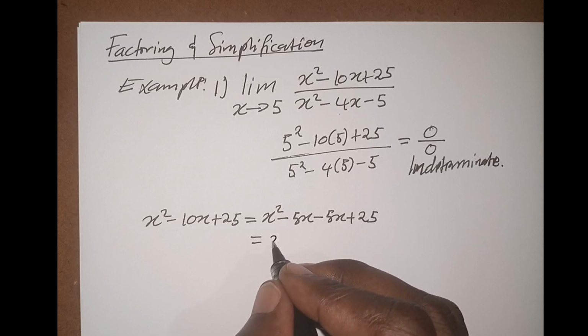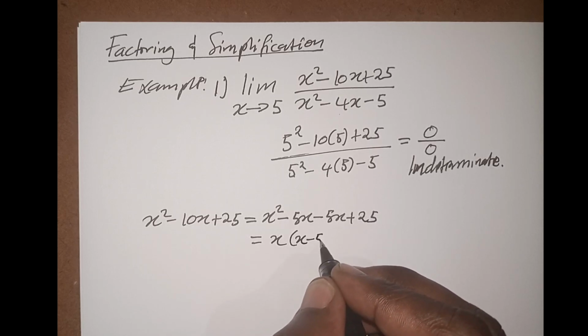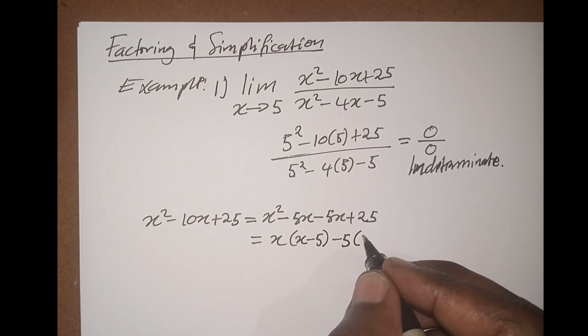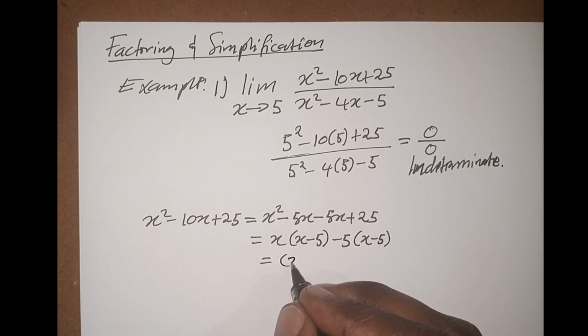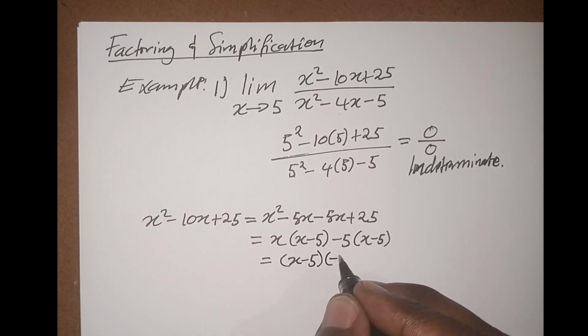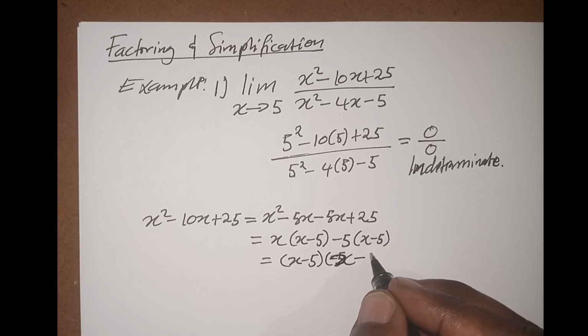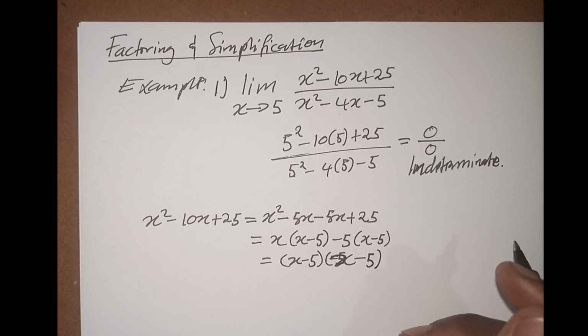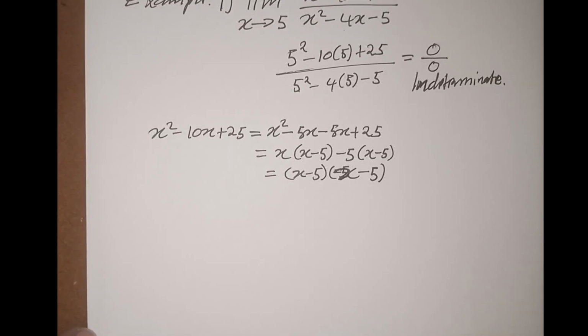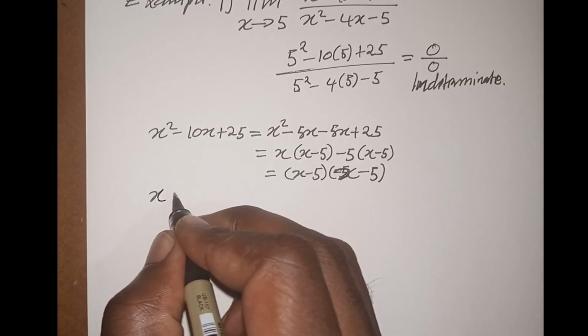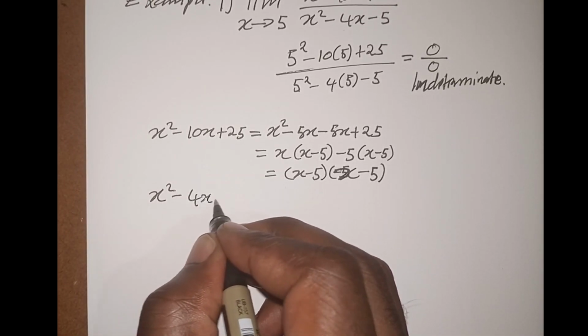Then you can factorize your x there, x minus 5 minus 5, x minus 5. So you end up having x minus 5 squared. This is the factorized form of our given expression on top. Let's now find the factorized form of the other expression, the denominator. We have x squared minus 4x minus 5.